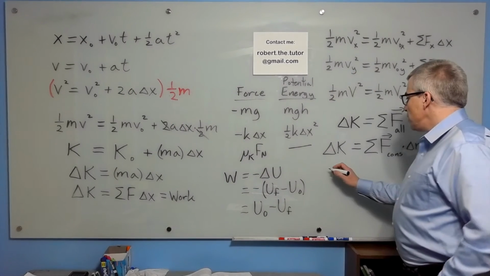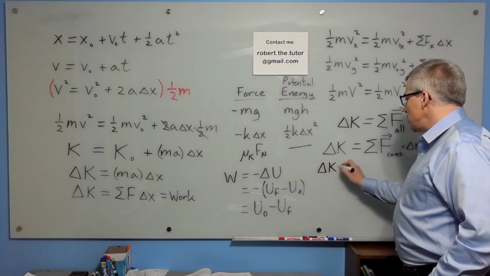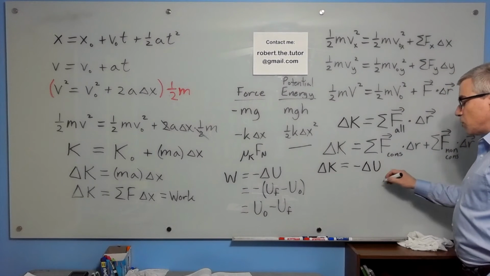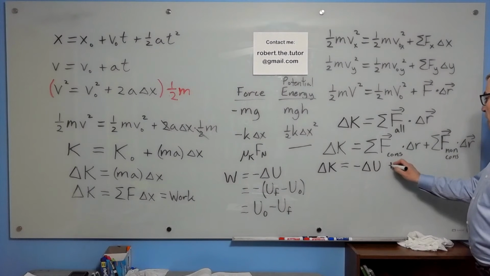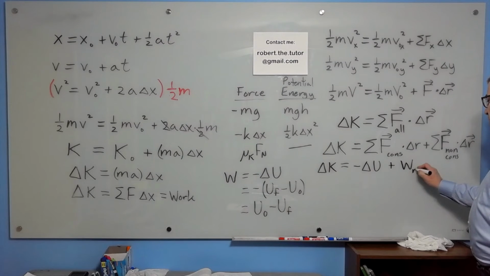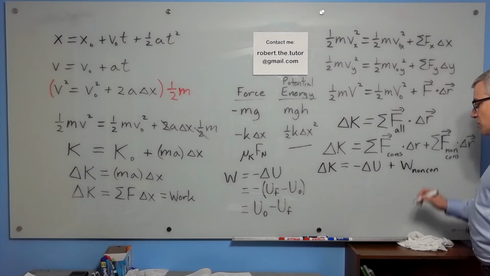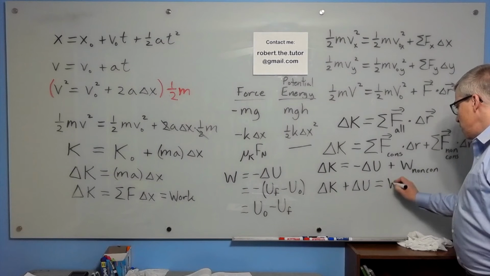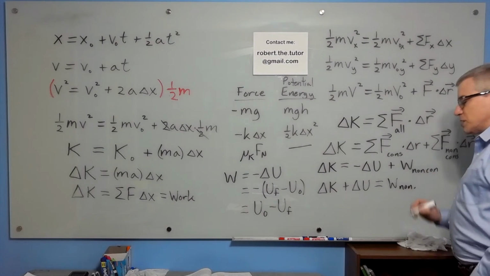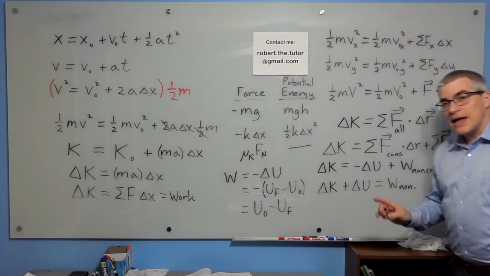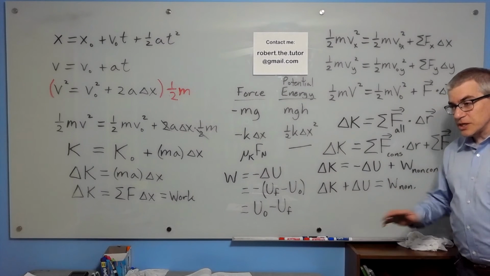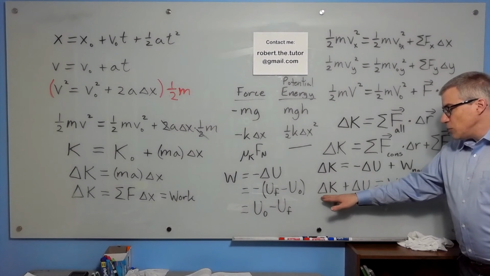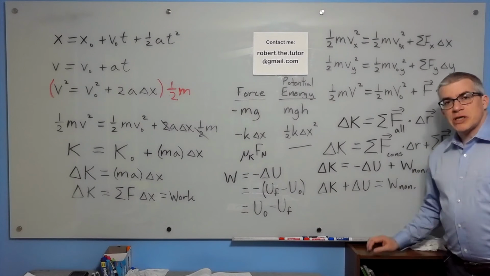That means that the change in kinetic energy is minus the change in potential energy for all the conservative forces, plus the work done by non-conservative forces. Or delta K plus delta U is the work done by non-conservative forces. And if you don't have any non-conservative forces, like you're in a frictionless environment, this non-conservative work is 0, and then the change in kinetic plus change in potential is 0.